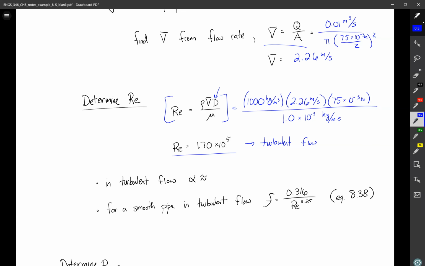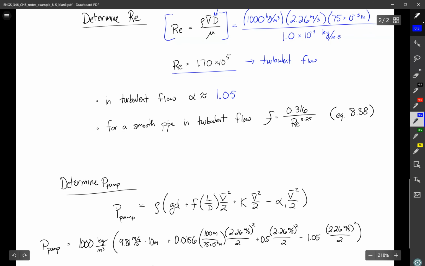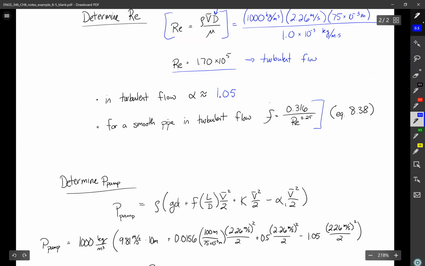In turbulent flow, our alpha value is about 1.05. It varies a little bit depending on Reynolds number, but this is approximately 1.05. For a smooth pipe, we don't know what the surface roughness is exactly, but if the pipe is smooth, we get this nice simple equation for friction factor.